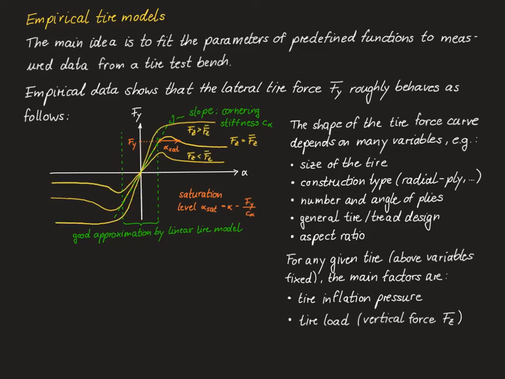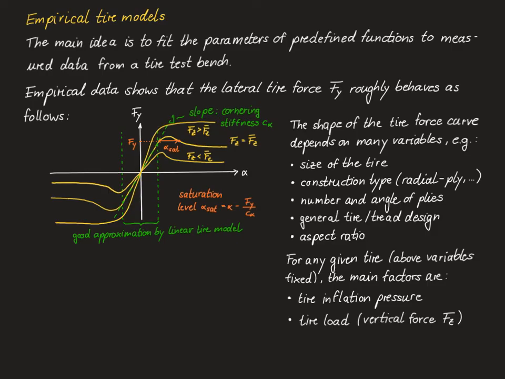In particular, this last point is worth looking at a little more closely because with the roll and pitch dynamics of the vehicle, the vertical force of each tire also changes over time. Generally speaking, of course, the lateral force will increase if we increase the vertical force, and it will decrease if we decrease the vertical force.